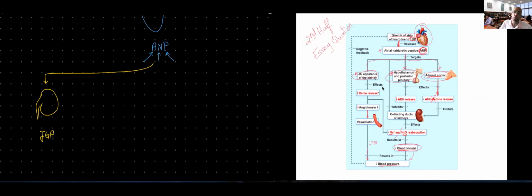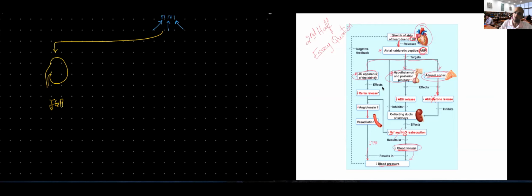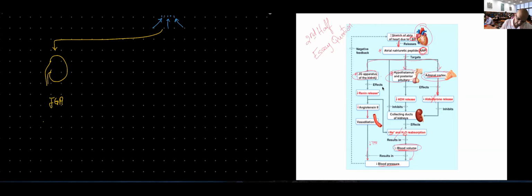If you remember, juxtaglomerular apparatus did have 3 different types of cells: granular cells, macula densa, and the extraglomerular mesangial cells. The ones that respond to low blood pressure and would be stimulated because they act as mechanoreceptors, those are my granular cells.